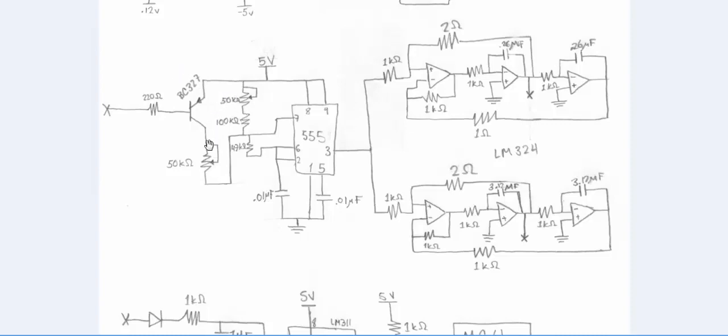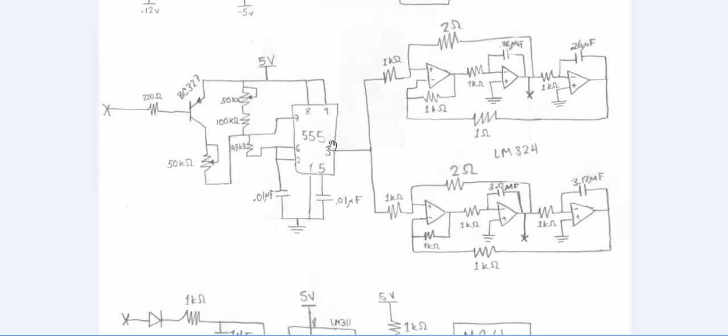Taking pin number 3, like this is 1, 2, 3 on the transistor, this goes to a potentiometer of 50 kiloohms, and then it goes to pin number 7 of a 555 timer.